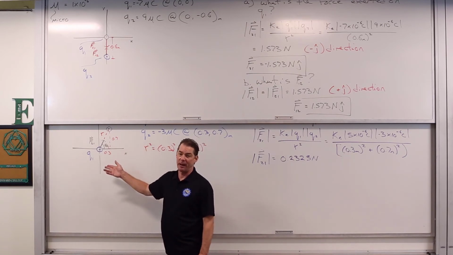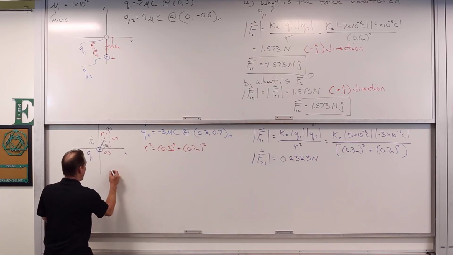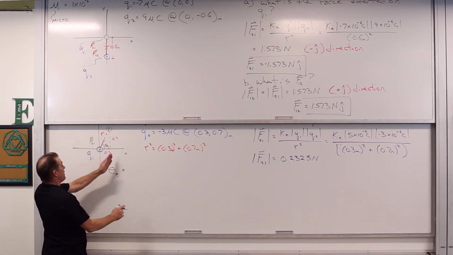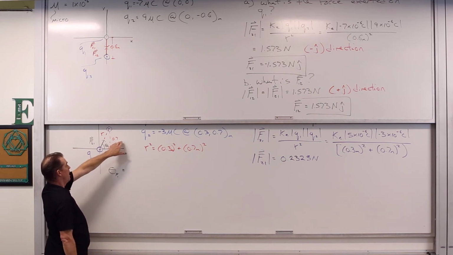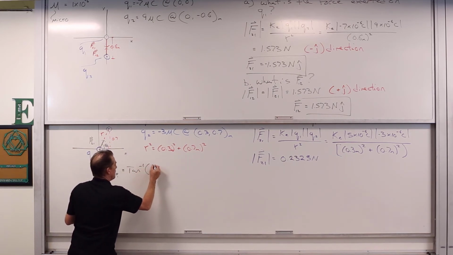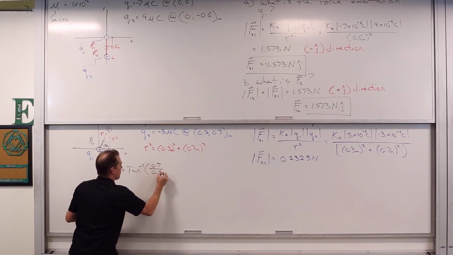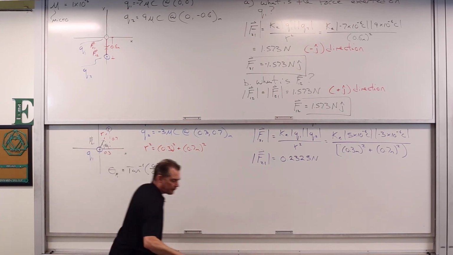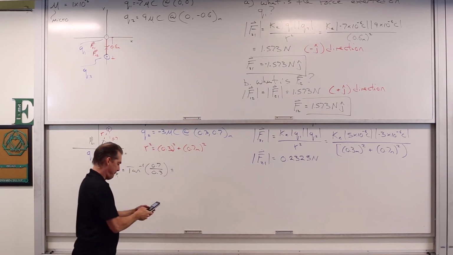Completely geometrically, right? We've got that theta F1 is going to be gotten by the arctangent of opposite over adjacent. 0.7 divided by 0.3. And we can go ahead and pop that in.